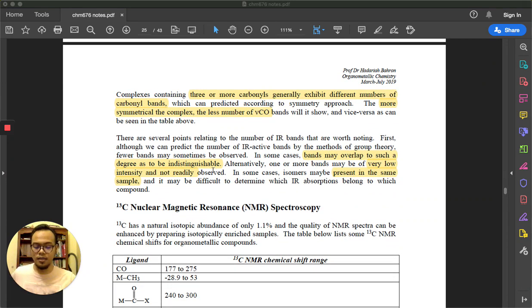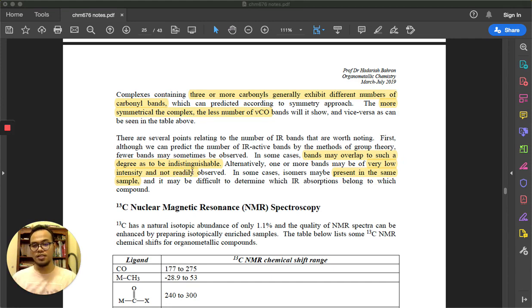Although we can use IR bands to tell the structure and to characterize our organometallic compounds, there are cases where we might have some problems. Bands may overlap to such a degree as to be indistinguishable.